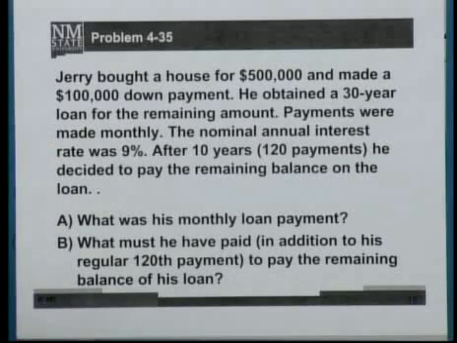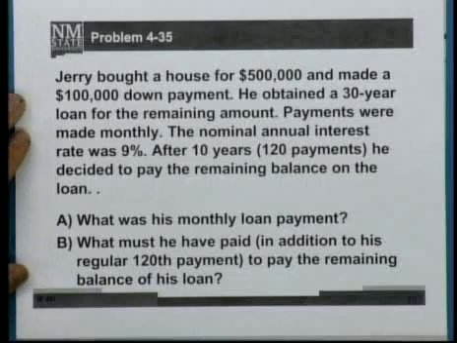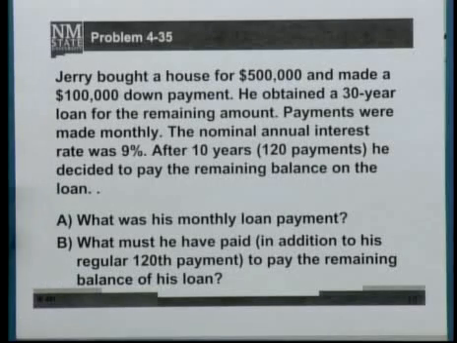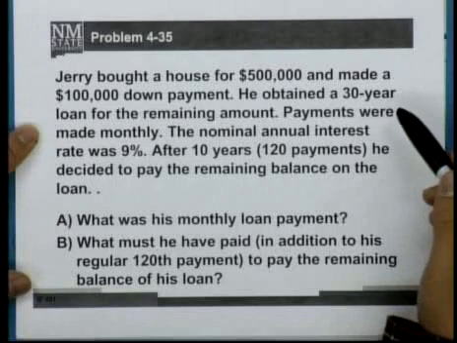So Jerry bought a house for $500,000 and made a $100,000 down payment.